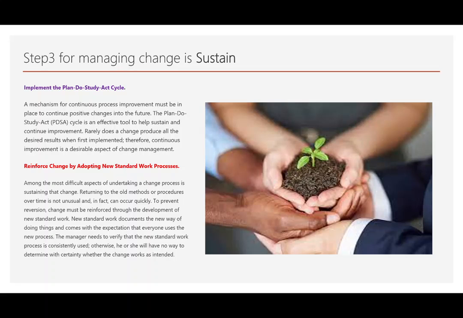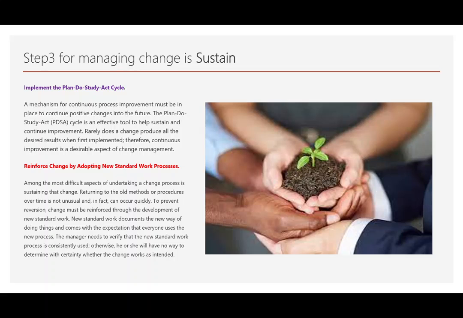Reinforce change by adopting new standard work processes. Among the most difficult aspects of undertaking a change process is sustaining that change. Returning to the old methods or procedures over time is not unusual and, in fact, can occur quickly.